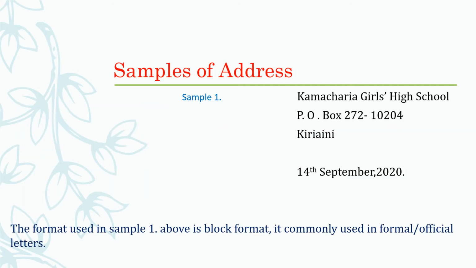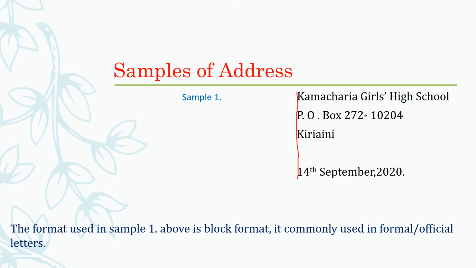Let us now examine an example of the writer's address. From the example that I have here, as you can note, first of all, it is written using the format that we refer to as block format. The reason why we are saying that this is a block format is because every line, every sentence here is beginning on a straight line.